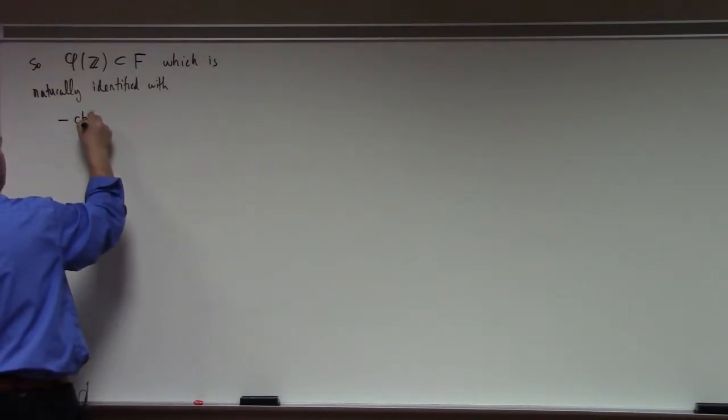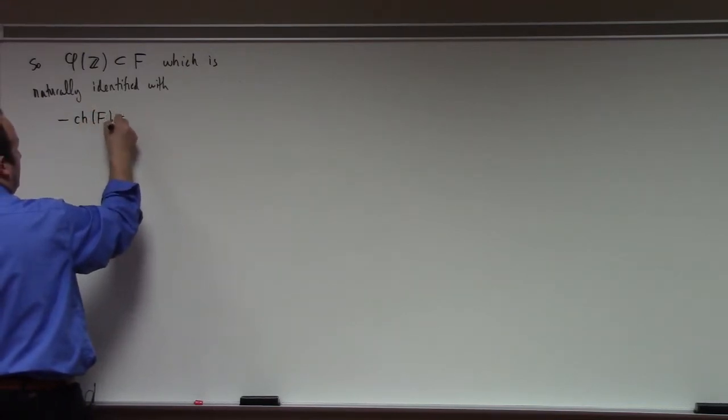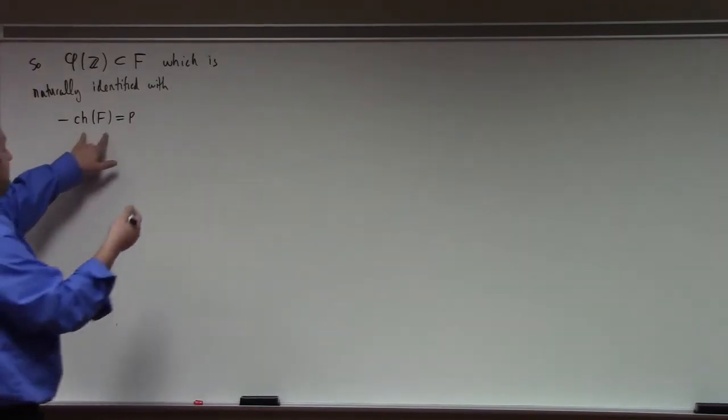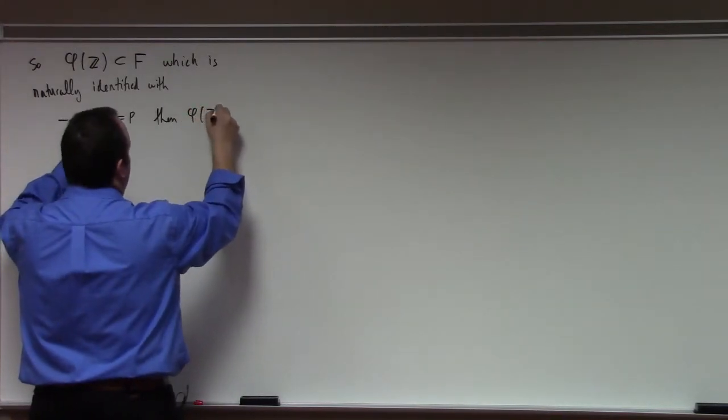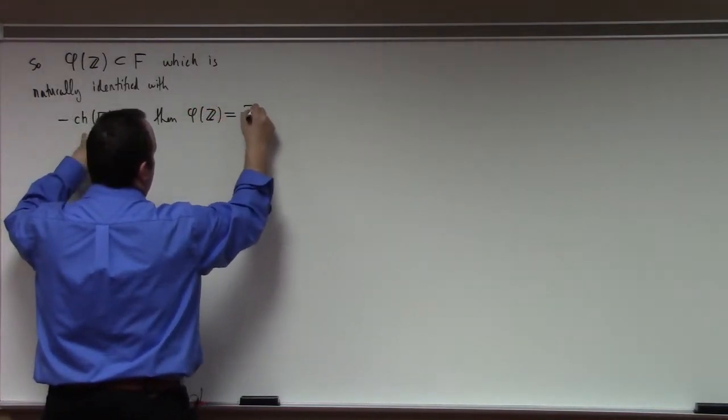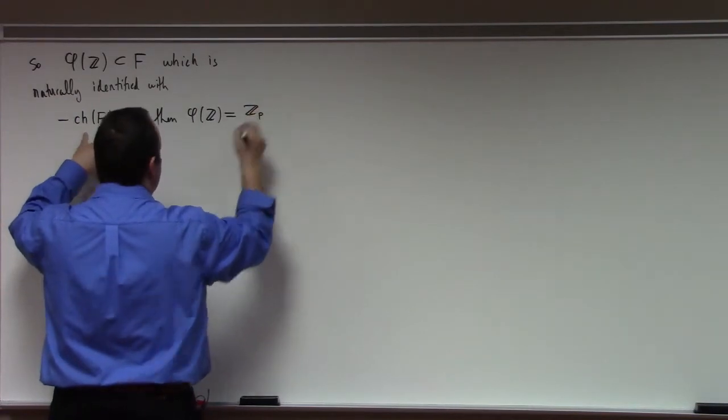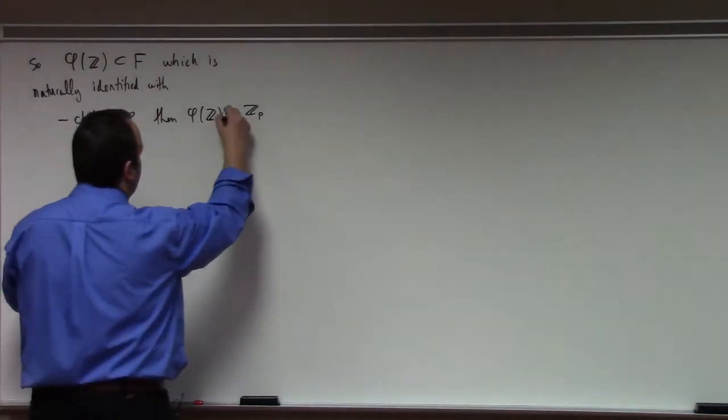If the characteristic of the field is p, then the image of the field under this homomorphism behaves like Z_p, because if you add 1 to itself p-fold times, you get back to 0. So if the characteristic of F is p, then basically we can think of phi of Z as being essentially Z mod p, all right? It's isomorphic to that anyway, right? There's a copy of the integers mod p in the field.